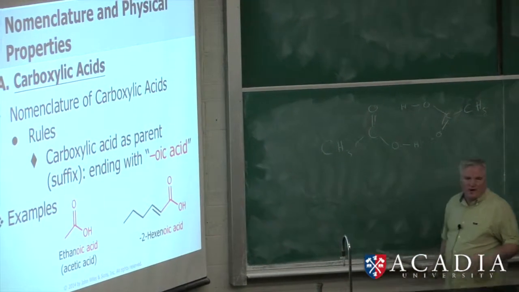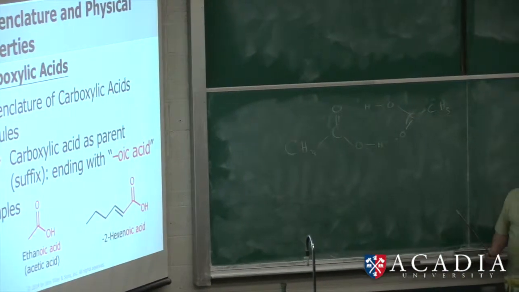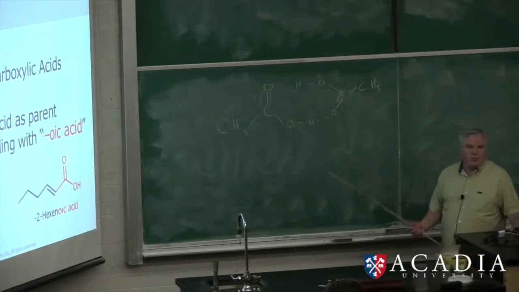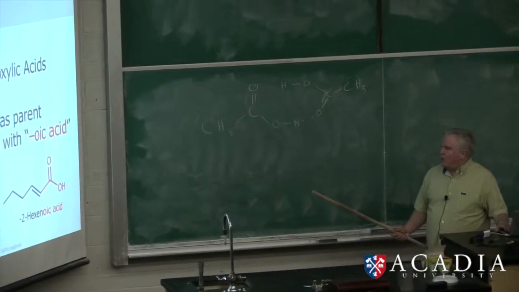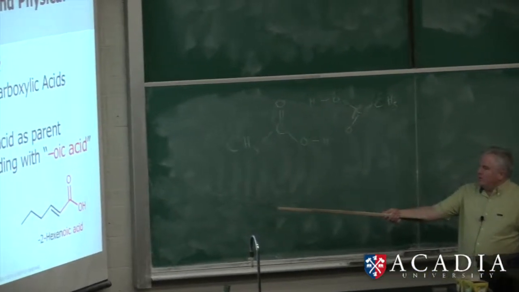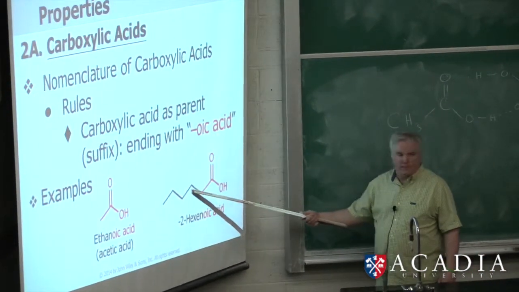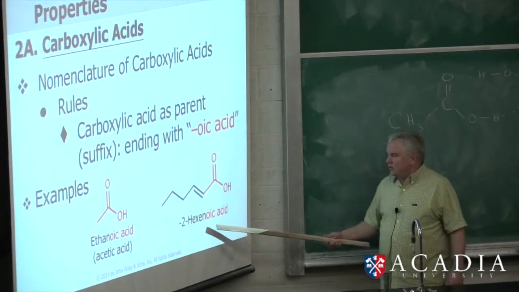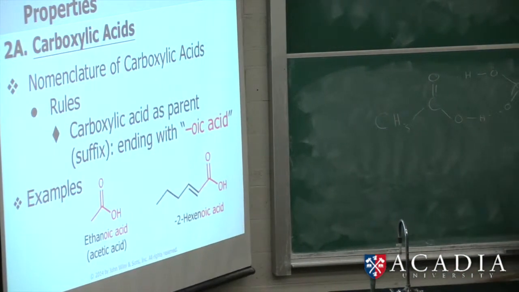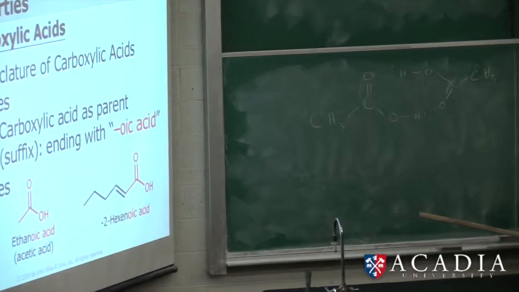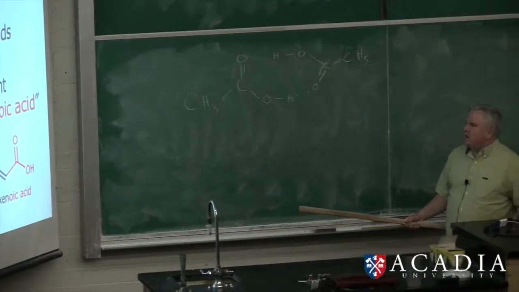And then you will also find things, sometimes instead of propanoic acid, you might hear propionic acid or something like that. So here we have 2-hexenoic acid. The 2 is referring to the position of the double bond. So it's just oic acid. Again, there are some links to nomenclature on the Acorn site.